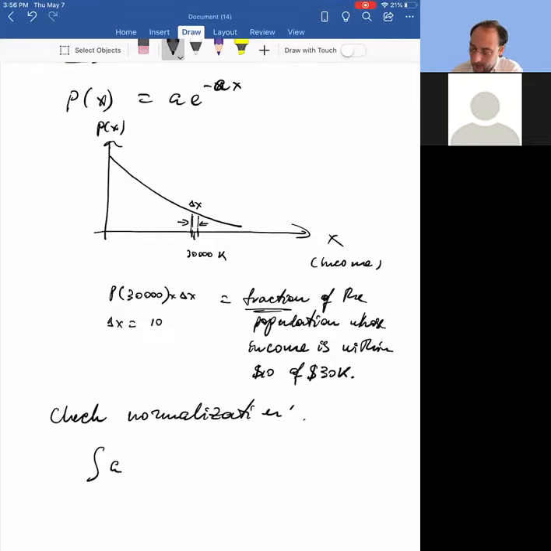Okay, so check normalization. The integral of a e to the minus ax dx between 0 and infinity. Income can be between 0 and infinity.